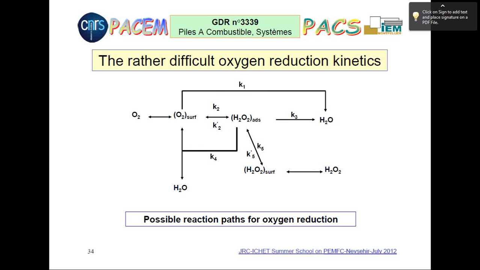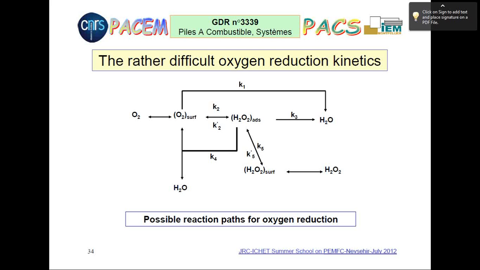The last point, the oxygen reduction reaction. This one is terrible for fuel cells, because most of the voltage loss occurs at this electrode. It is because the mechanism is complicated. The more complicated the mechanism, the higher the difficulty to make the reaction, and the voltage loss is high, the current stays down.